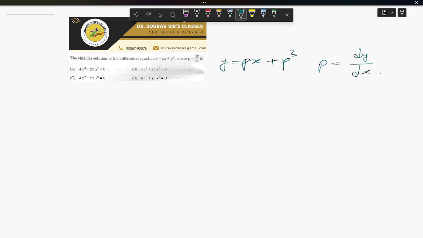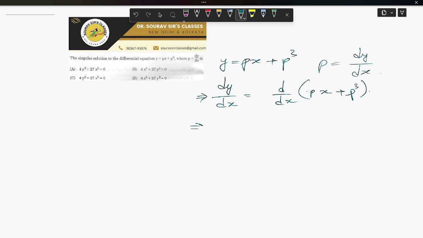Then, taking differentiation of both sides with respect to x, we will get d/dx of px plus p cube.